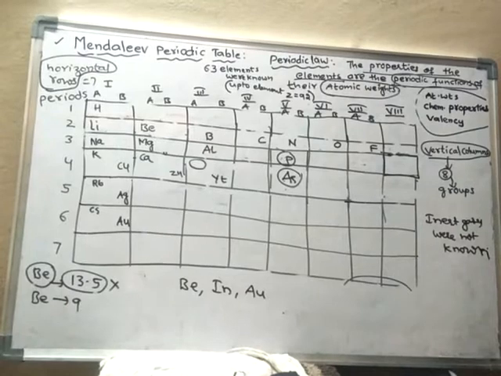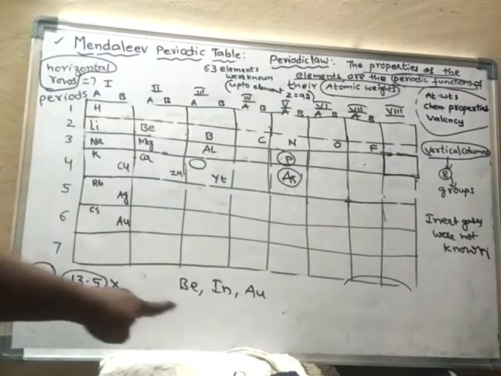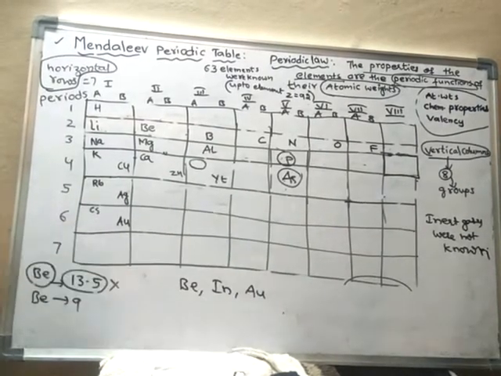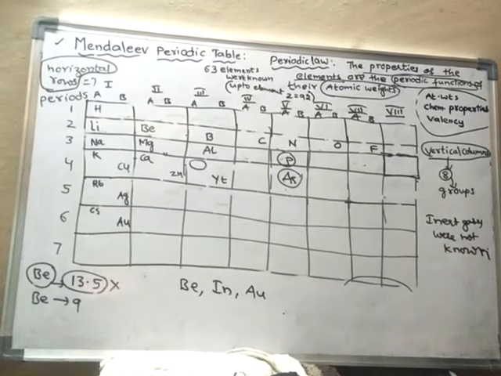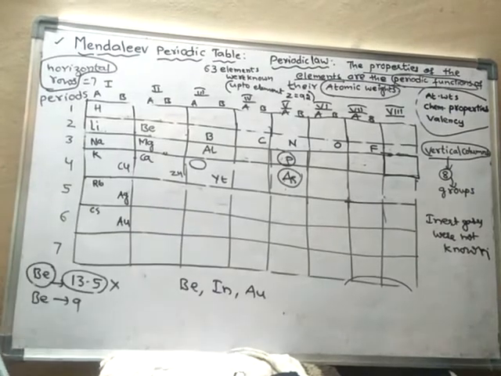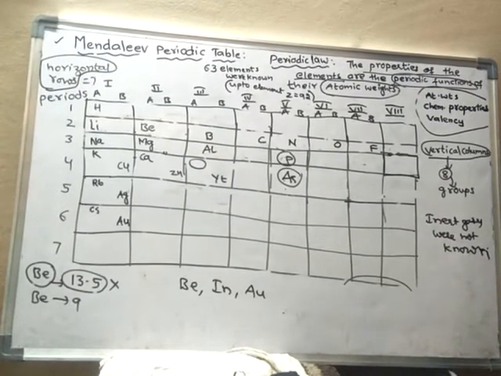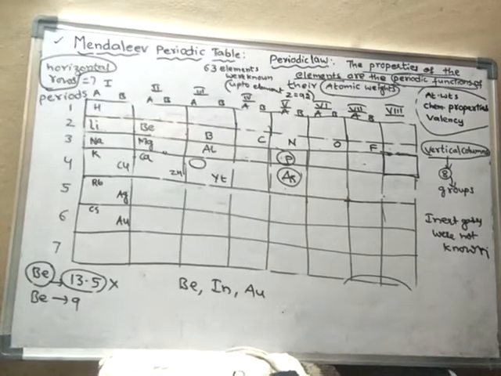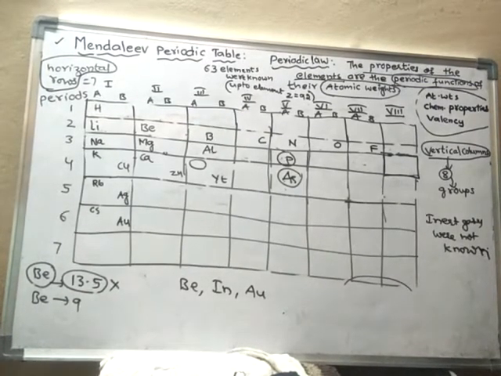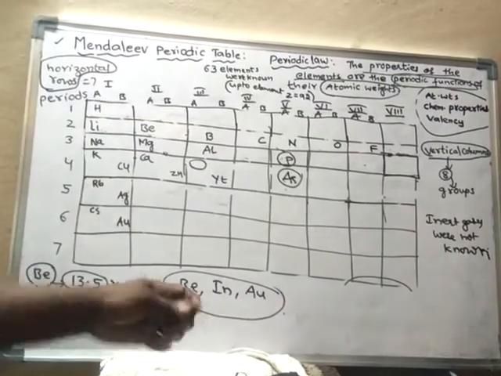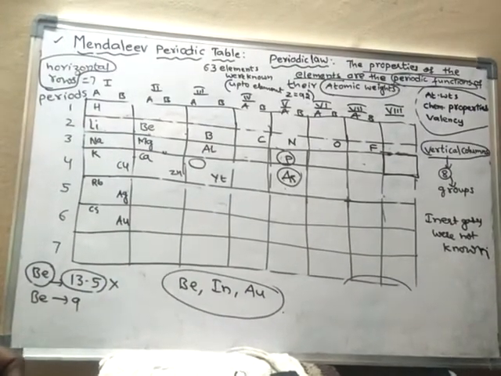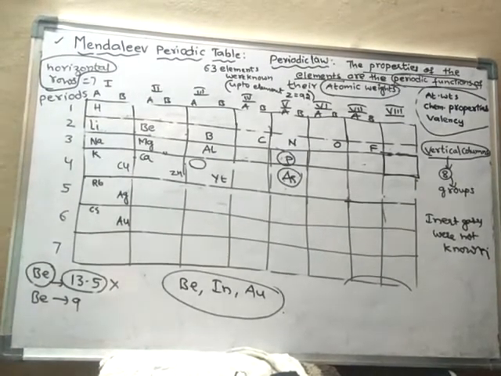Here these elements differ in their atomic weights to a large extent. So these 3 elements are known as the prominent elements whose atomic weights were corrected by Mendeleev: beryllium, indium and gold.